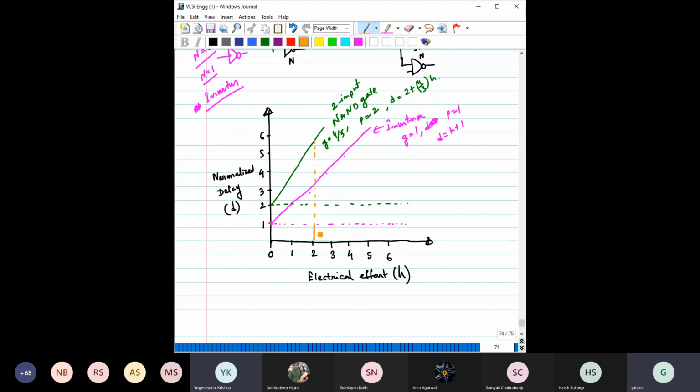Okay, so this much is the parasitic delay for two input NAND. This much is the effort delay.